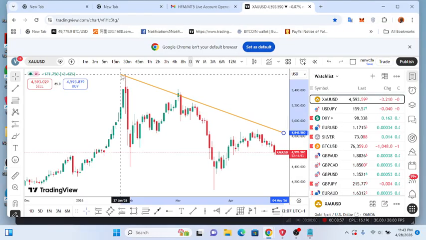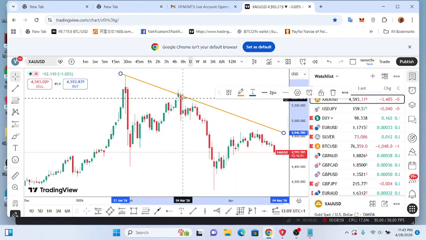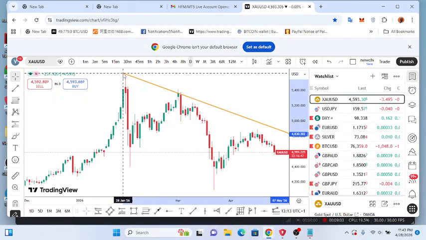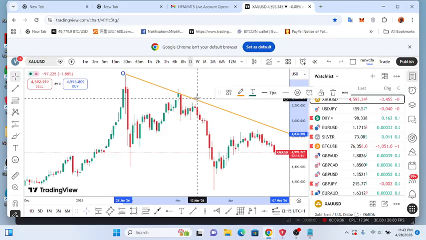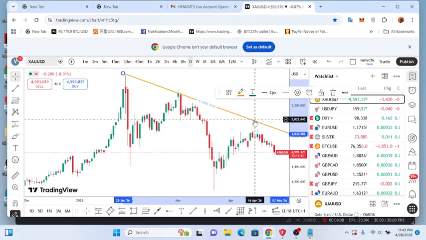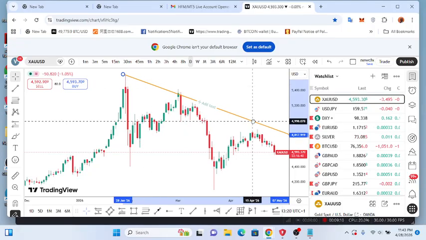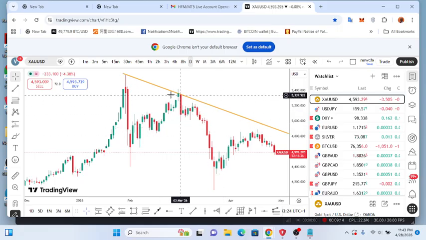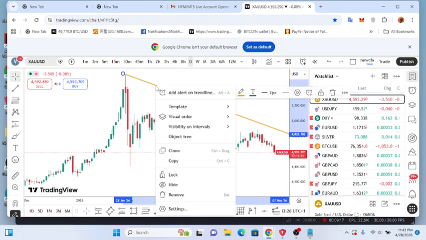Okay, I want it to be proper, because that should be okay. Close of the candle.